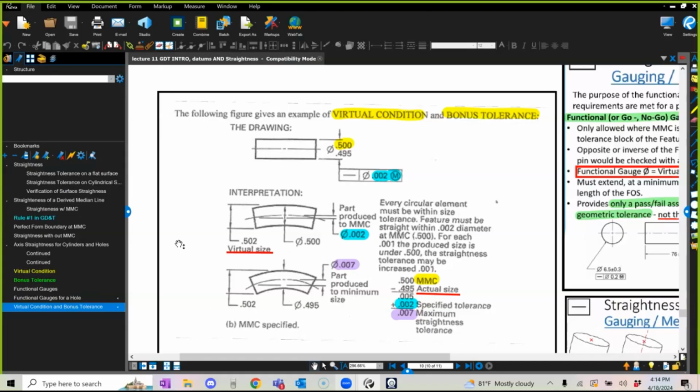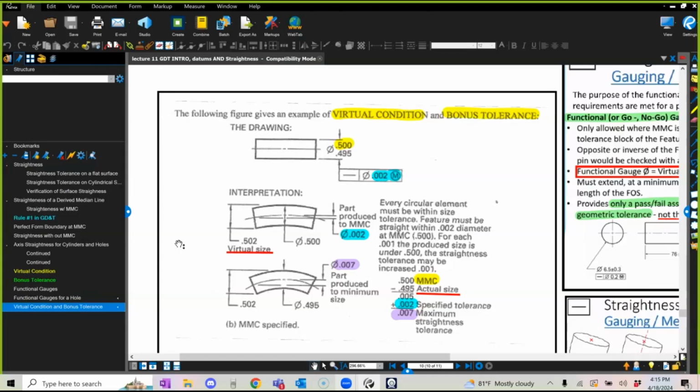But if my part gets away from MMC, it's a little bit smaller, now I have a little bit extra, which is bonus, plus whatever I gave it at the beginning. So I get all of this for form variation. Remember, this still has to be above your least material condition, LMC. You are bounded by your maximum and your minimum. Does that make sense?